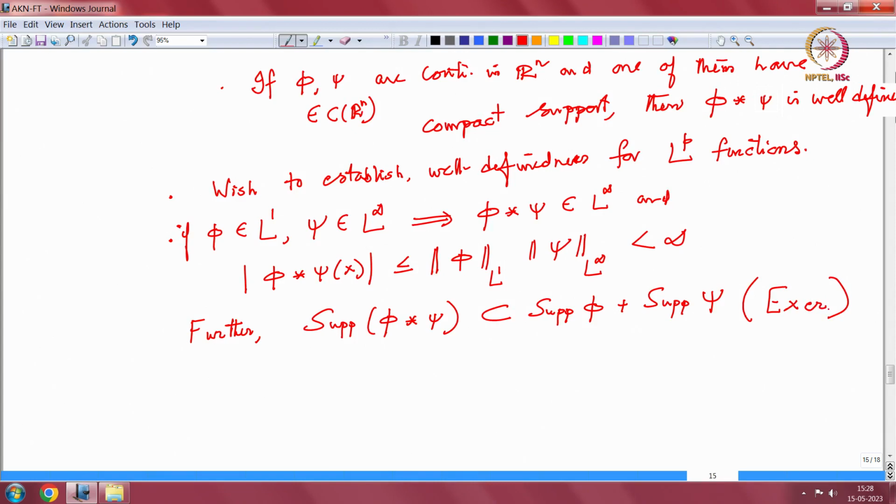Okay. One more theorem. Should I prove that one, or I will prove it tomorrow?